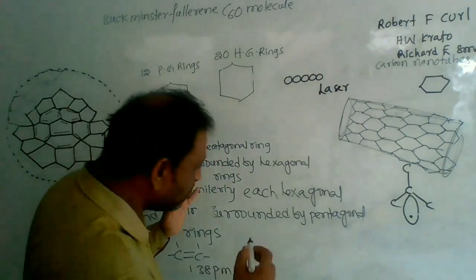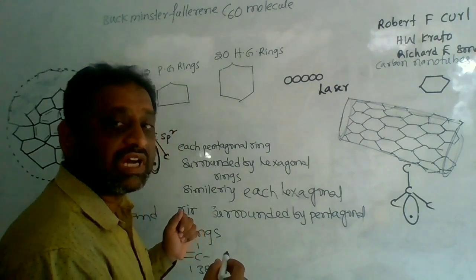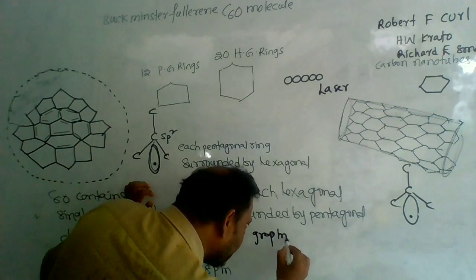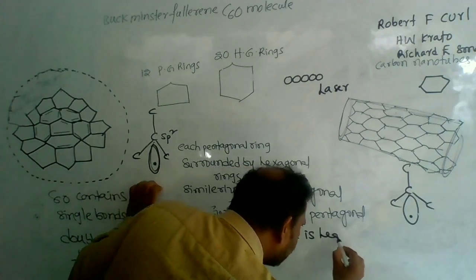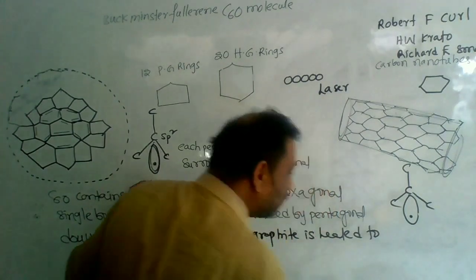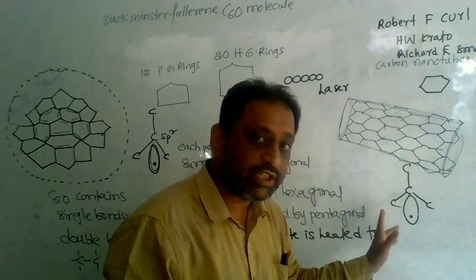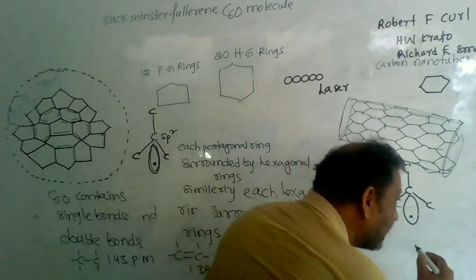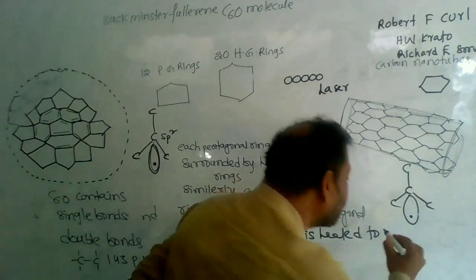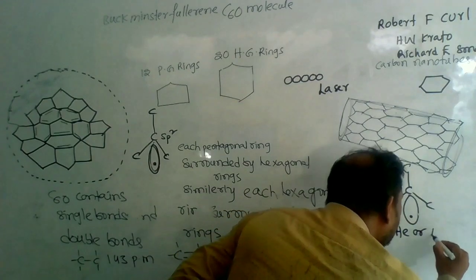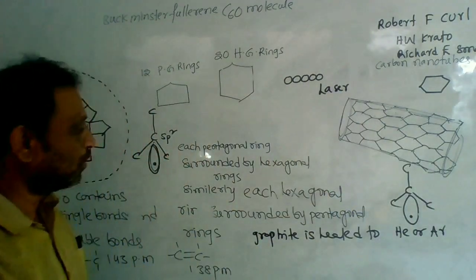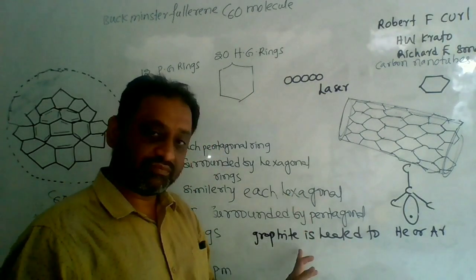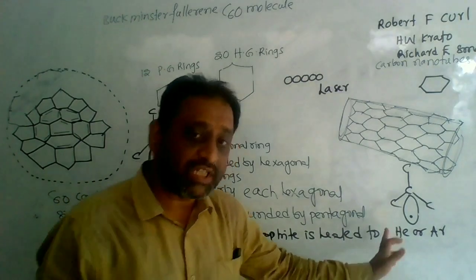Buckminster fullerene is prepared by the heating of graphite. For example, when graphite is heated to high temperature, it changes into vapors.